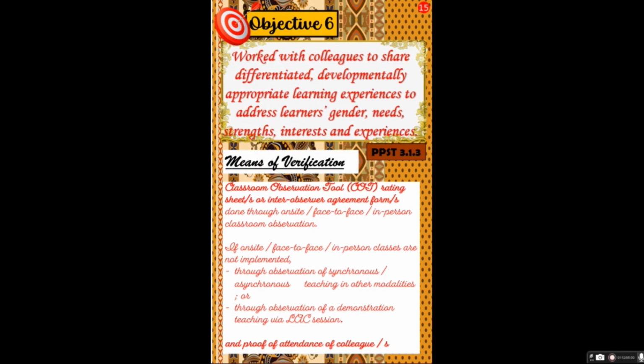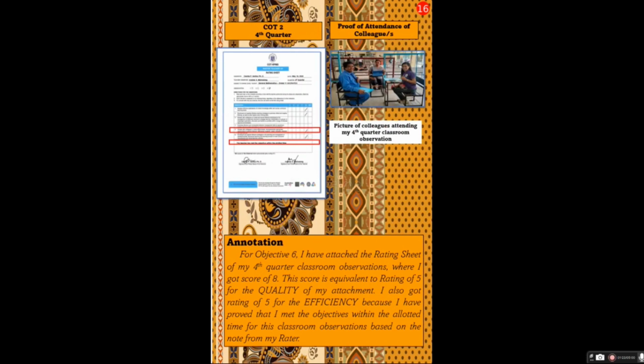Next one is objective number 6: work with colleagues to share differentiated, developmentally appropriate learning experiences to address learners' gender needs, strengths, interests, and experiences. Ang pinakita natin dito ay ang ating fourth quarter classroom observation rating sheet, highlighting our score and the note from our observer on whether or not we met the objective within the allotted time.